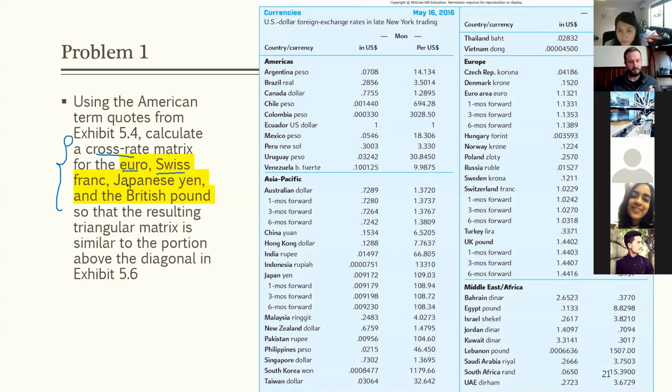So with the cross rate matrix, basically we're asked to compute something like this. I've got 4 currencies: the euro, the Swiss franc, the yen, and the pound. And I want to compute the cross rate between these currencies, okay?